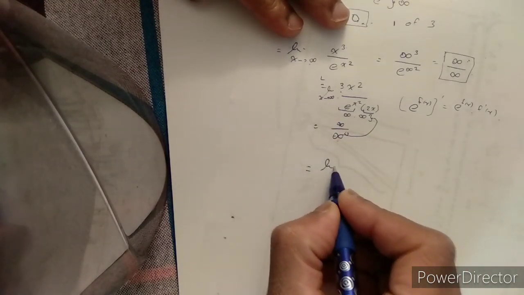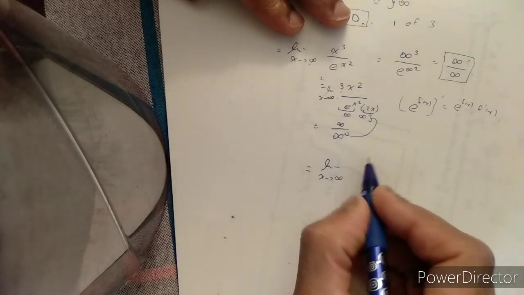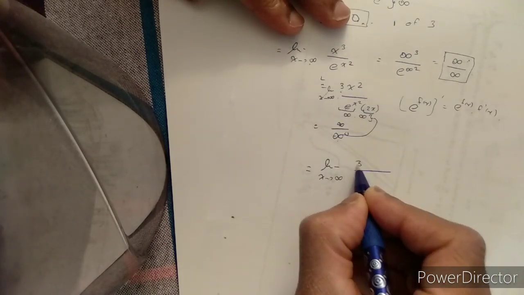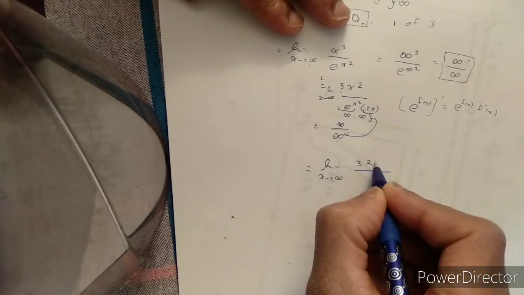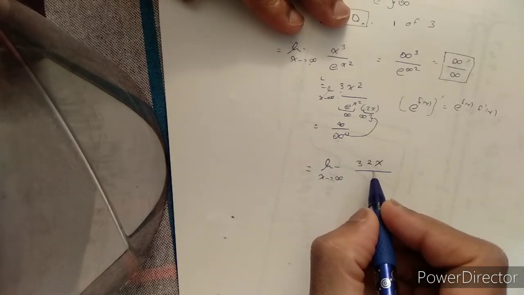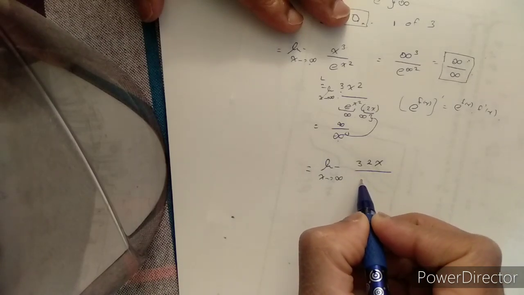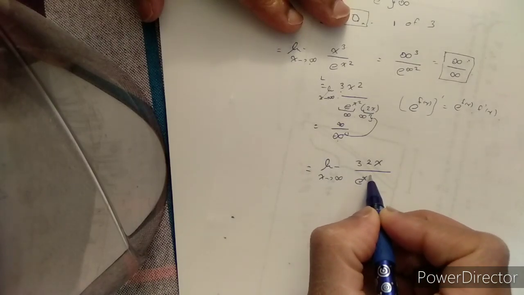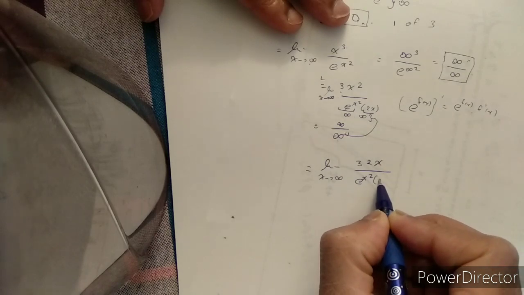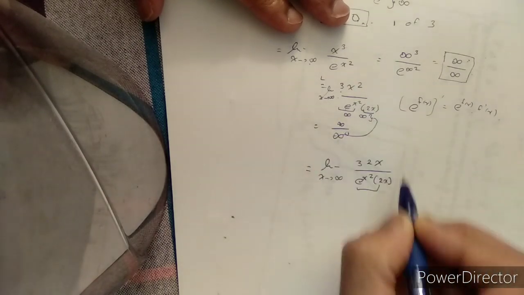Now I'll write the limit as x goes to infinity, keep the 3 as it is, then 2 times x, and in the denominator e to the x squared, and another 2x term is the derivative of this one.